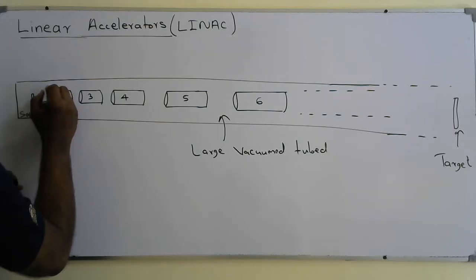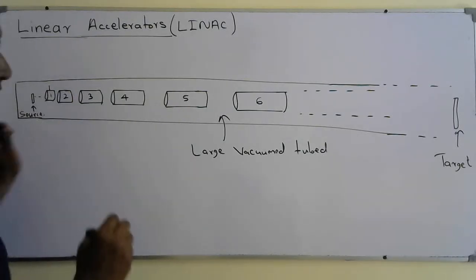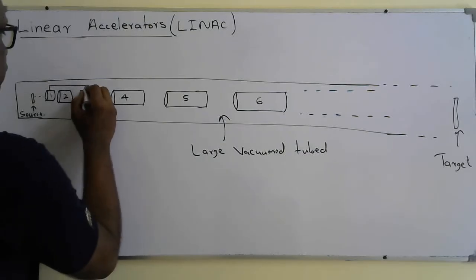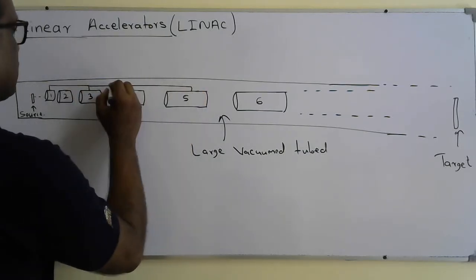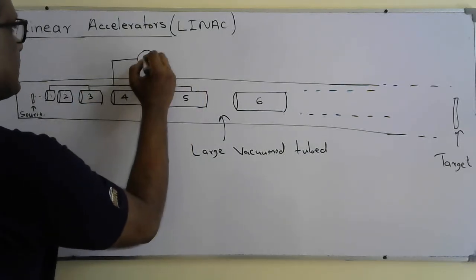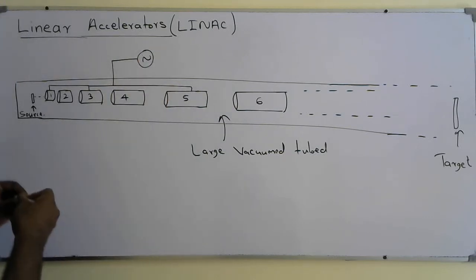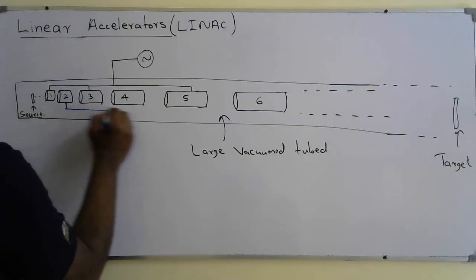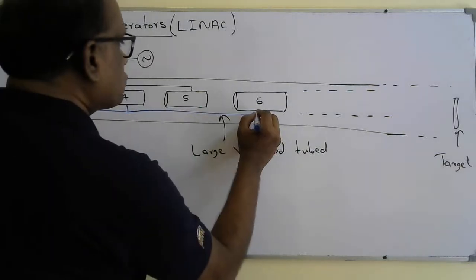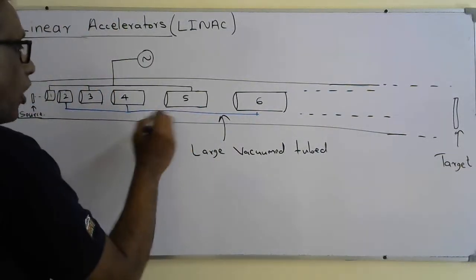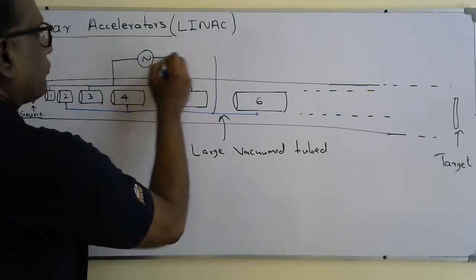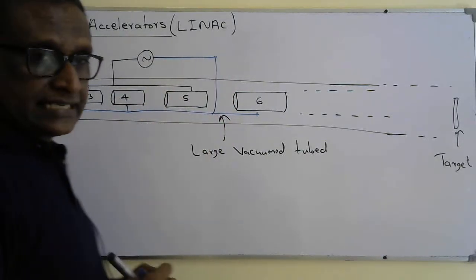Say, for example, the tubes marked with odd numbers, the first one, third one, fifth one, will all be connected to the same polarity of the AC signal. Then the other drift tubes, the even numbers, second, fourth, sixth, eighth and so on, will all be connected to the opposite polarity of the high frequency AC signal.